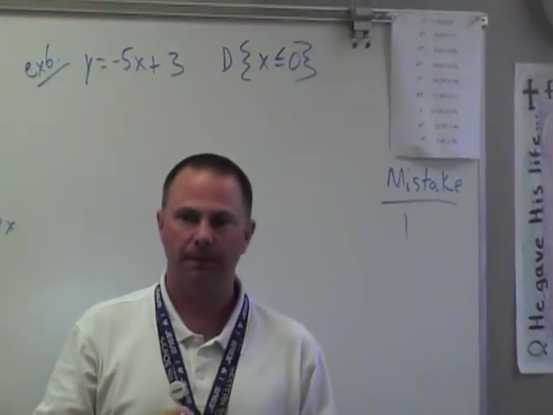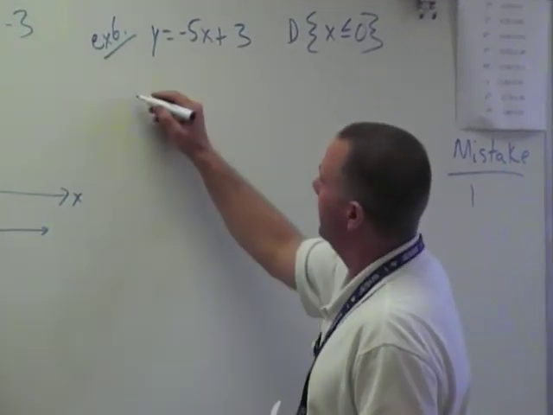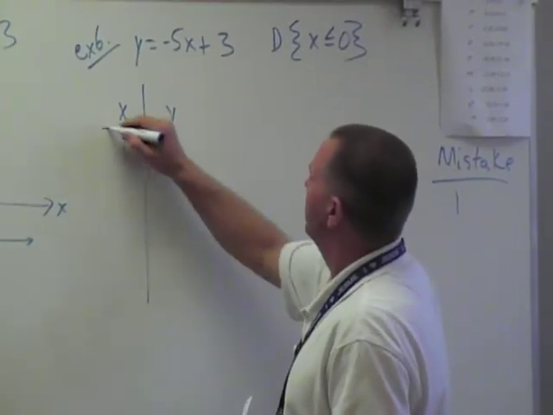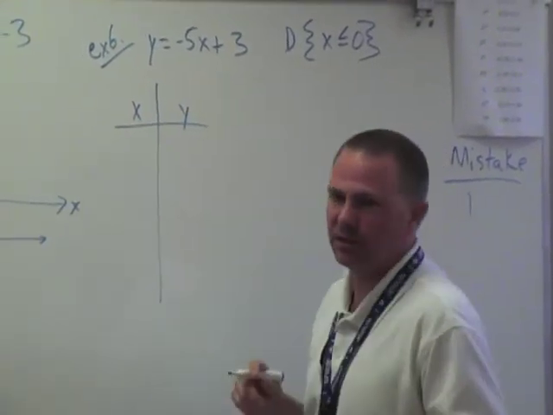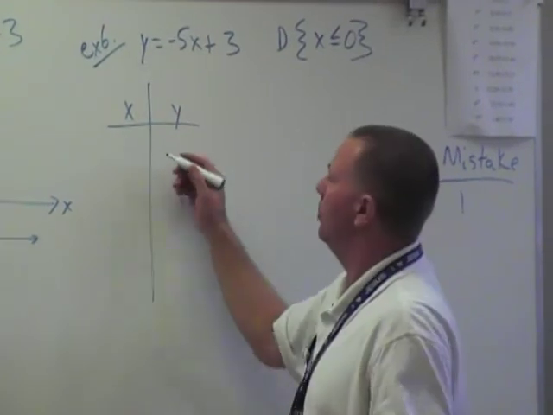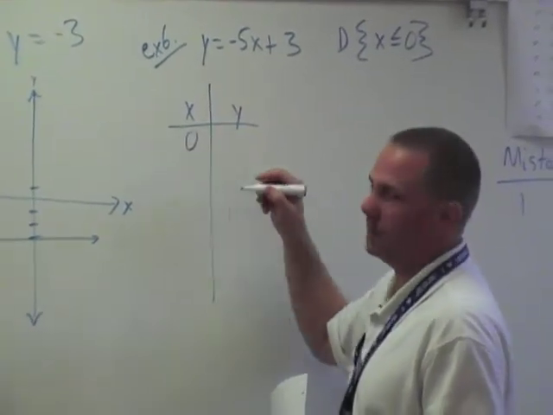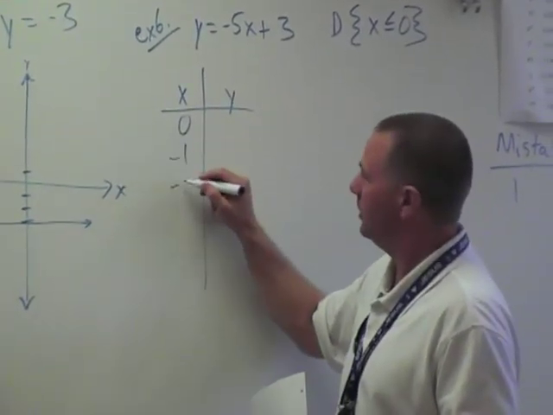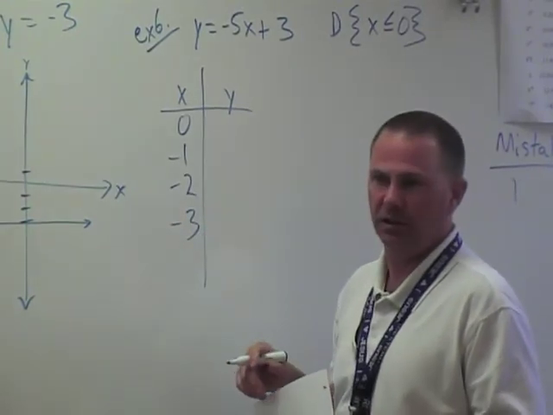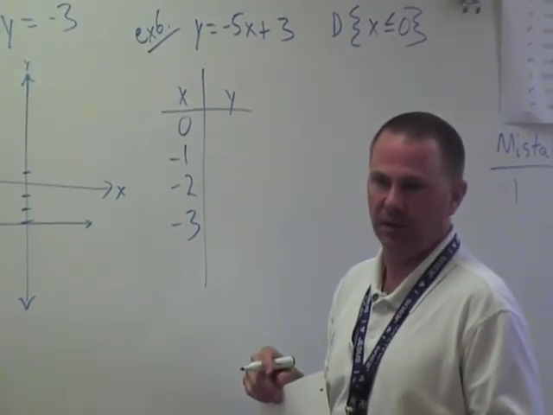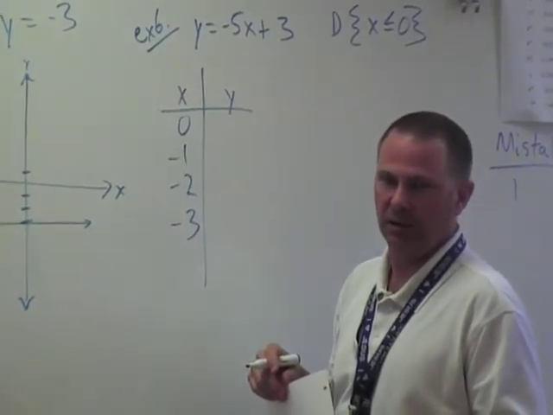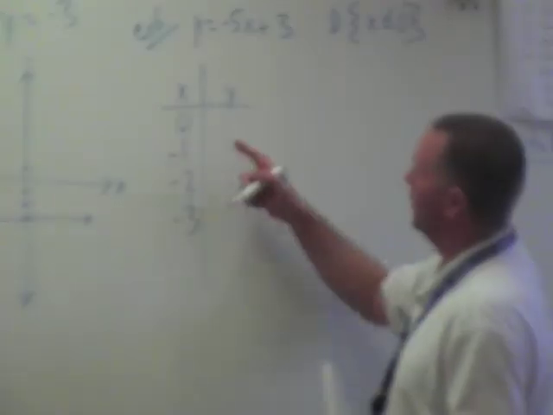So if you're going to make an XY chart, don't give me any values that are greater than 0. We'll start at 0. What's less than 0? -1, -2, -3. You plug those in.